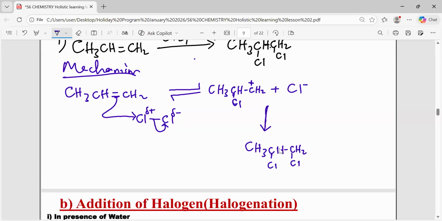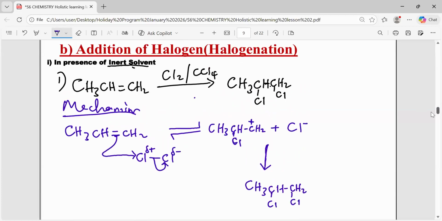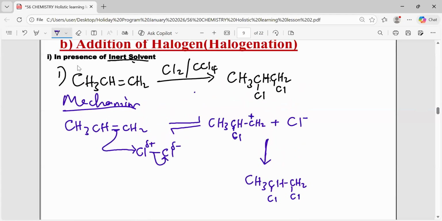So this one plus this one gives us this product. We don't need to show the arrow, but okay, let's indicate the arrow from the chloride ion. That is nice.